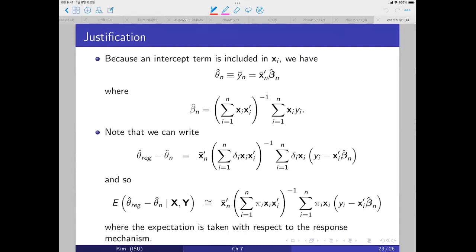Also, because we have an intercept here, the residuals sum to 0, a property of the residual. That means this is equal to this, which is basically this. So then you can write the difference between the regression estimator and the sample mean as this.